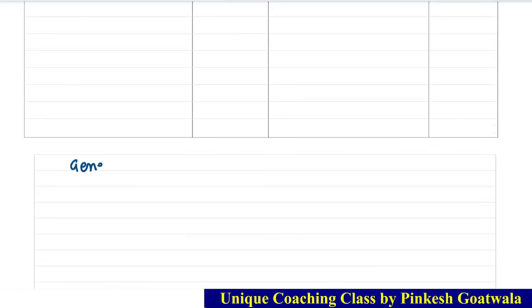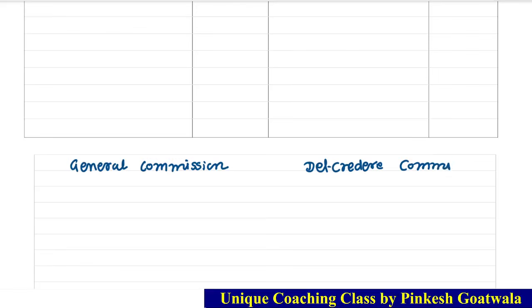One is general commission, and second is Del Credere commission. In a consignment business, there are two types of commission.